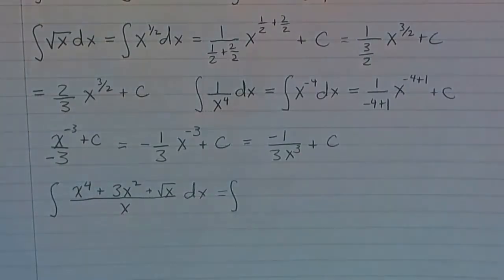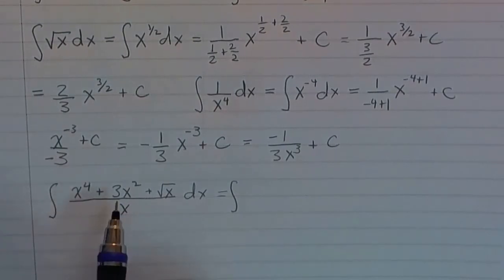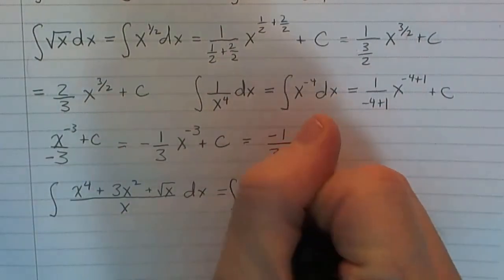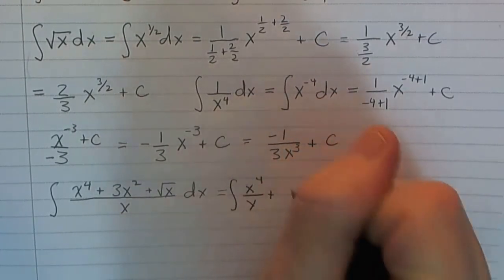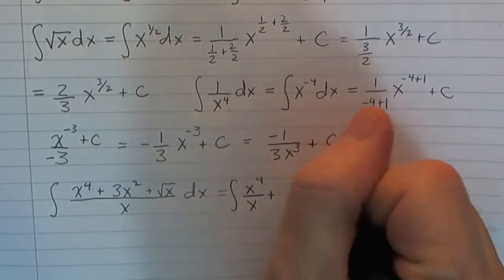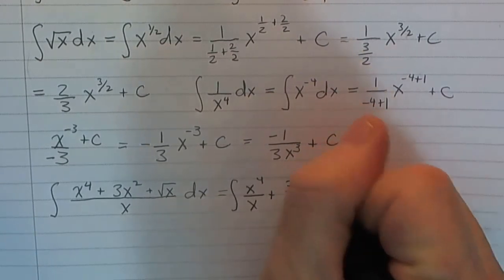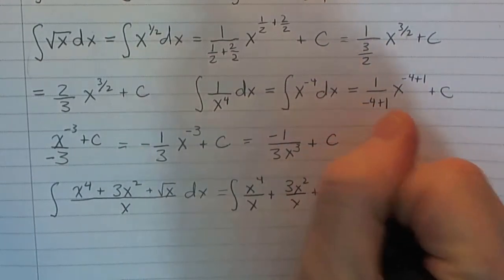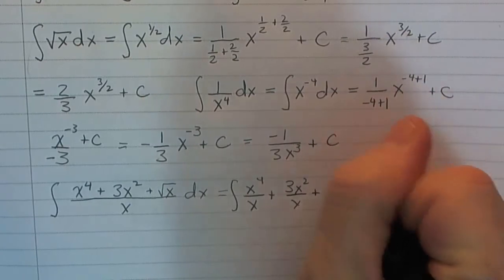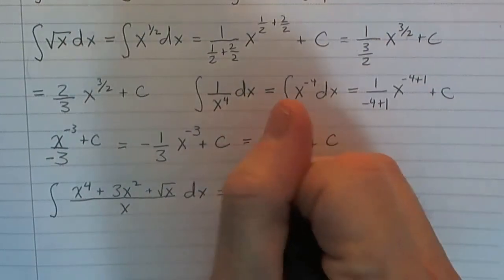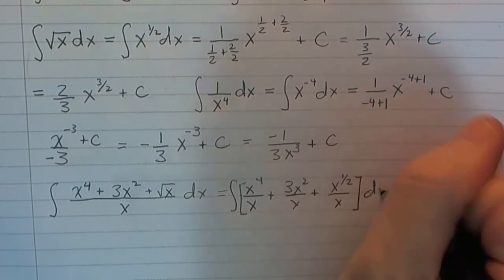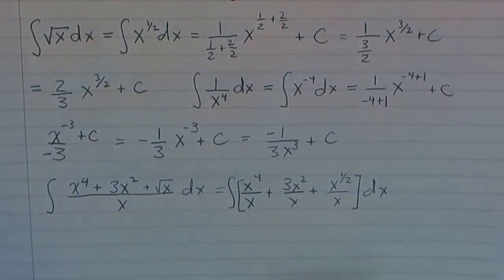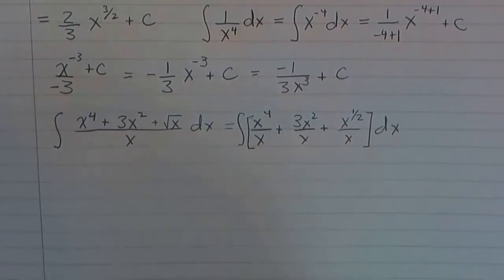You can think back at how we would deal with something like this to differentiate. And remember what we do, we can kind of split it up. Give each one of these numerator components its own denominator. Like this. See that? And then we simplify that a little more.